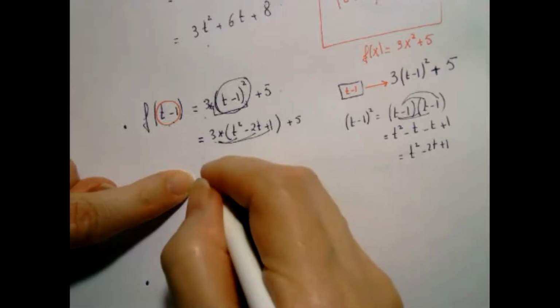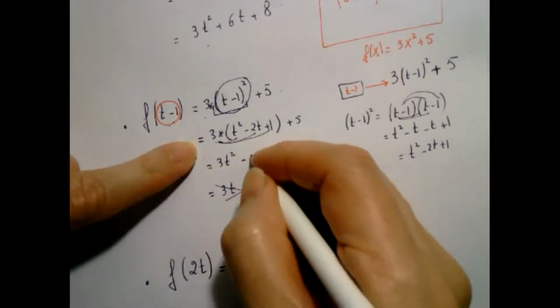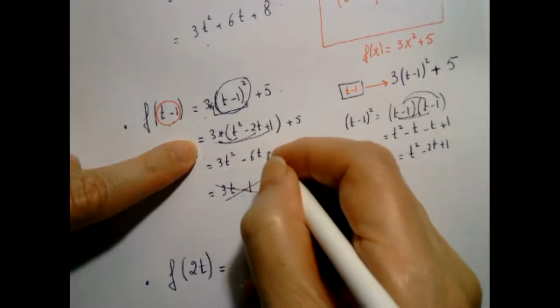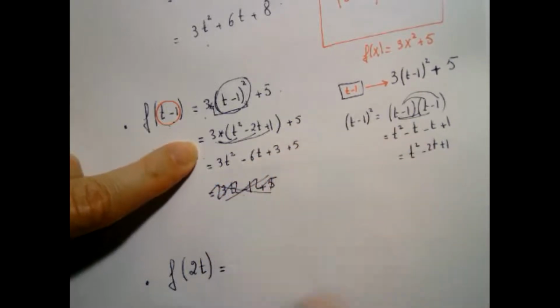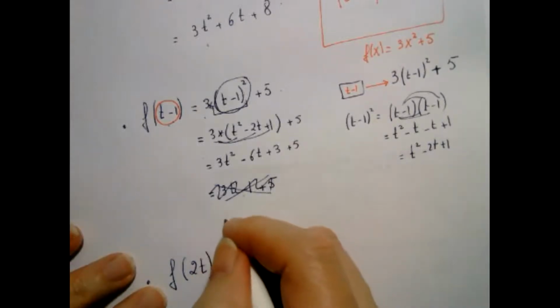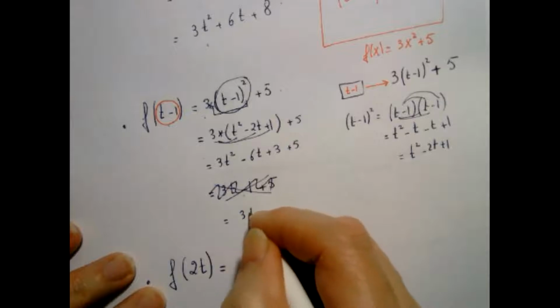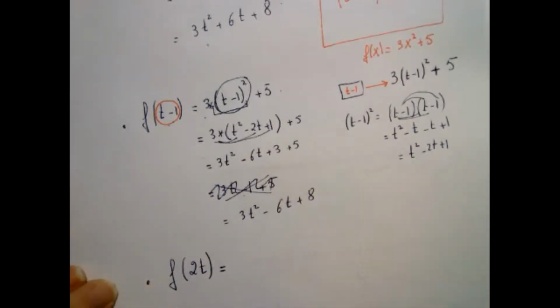Now I distribute the 3, which gives me 3t squared minus 6t plus 3 plus 5. We do it very, very slowly. We don't jump. Every step should follow logically from the step before it. And finally, what do I get? 3t squared minus 6t plus 8. Okay?